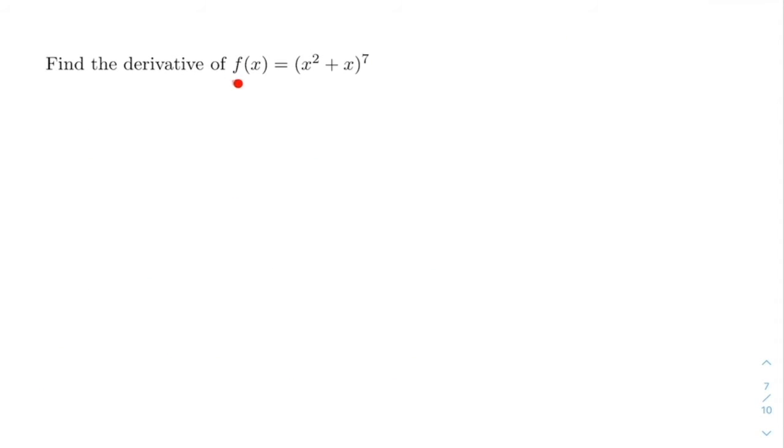In this case, we have that our function is x squared plus x to the power of 7. So again, let's write down the chain rule. Remember, the first step is always to try to find what is g and what is h in our situation.